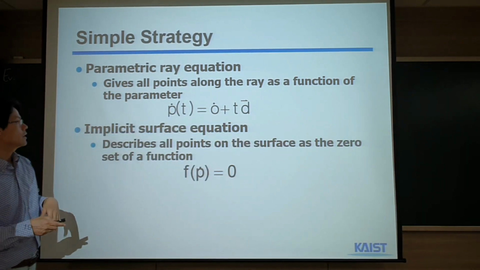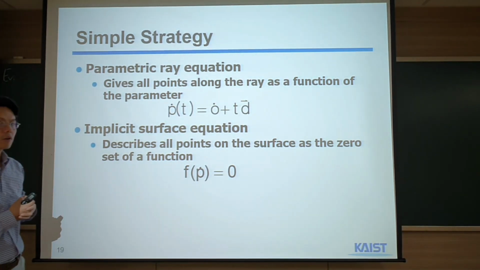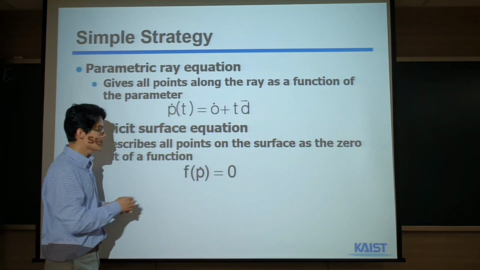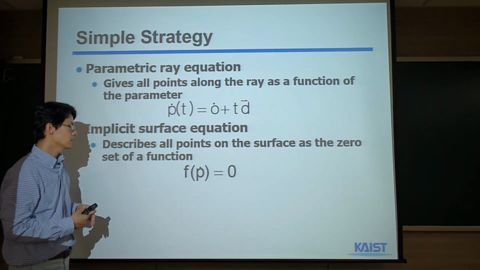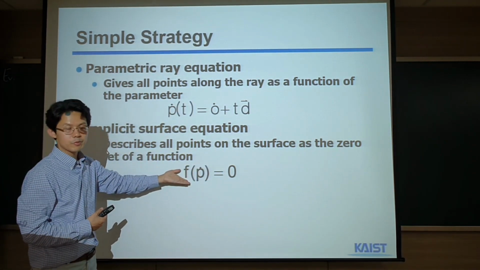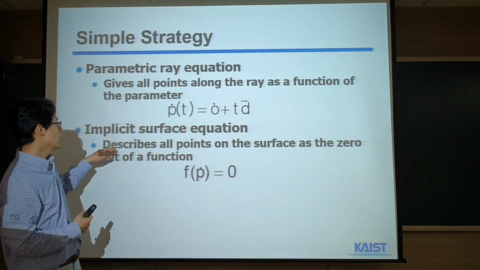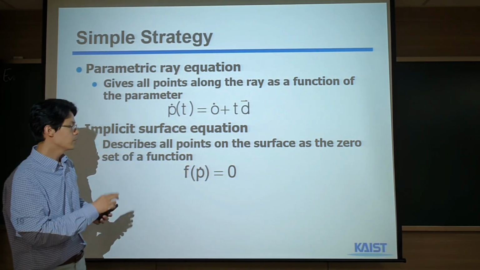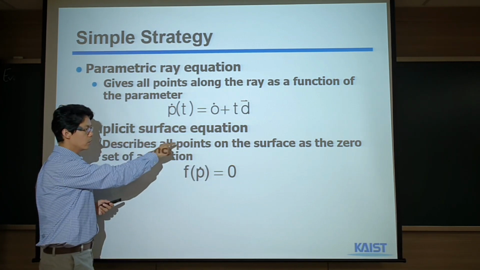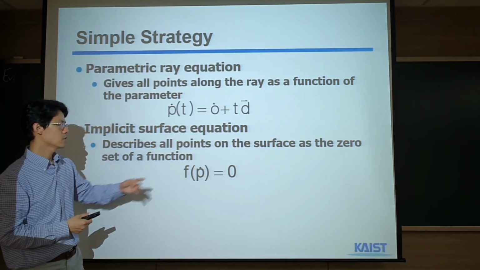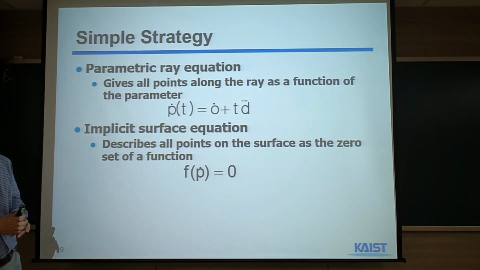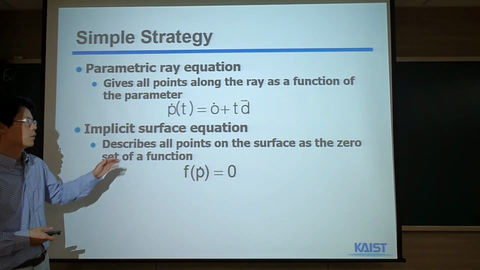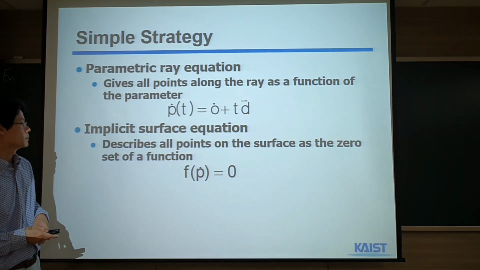And then for ray tracing, we typically assume the implicit surface equation as shown here. Basically, this is the object representation. It describes all the points on the surface, and if you plug a point into that function, it gives 0. So all the points satisfying this equation are on the surface of the model.